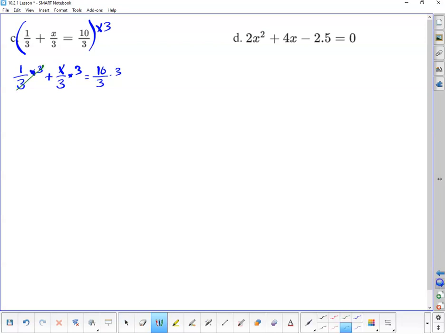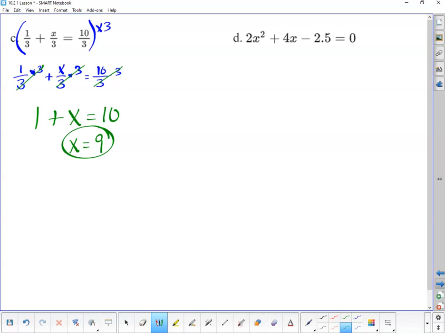These 3's will all cancel out, and we get 1 plus x equals 10. So x has to equal 9. That massive fraction looks kind of gnarly, but it becomes easier.